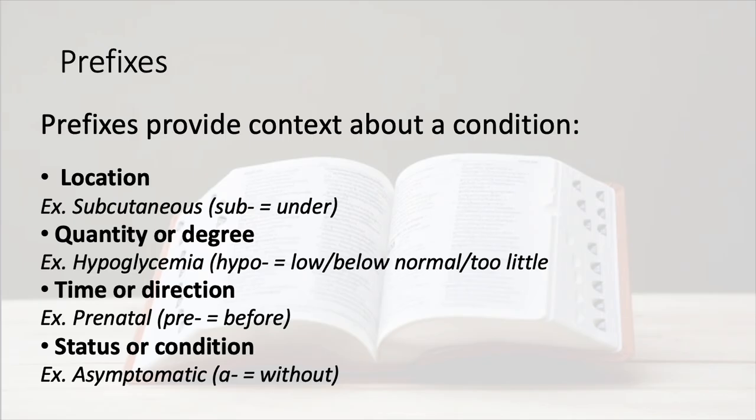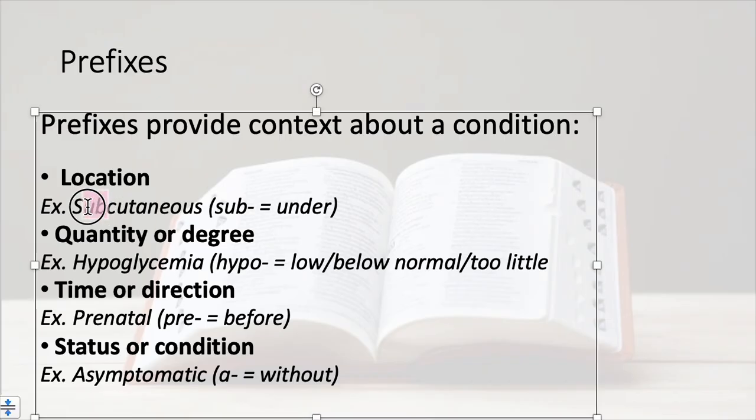So, prefixes provide context about condition, as I said. So, location, quantity or degree, time or direction, status or condition. So, location, example here is subcutaneous, sub meaning under, that's our prefix in this case. Quantity or degree, an example here is hypoglycemia. Hypo means low, below normal, too little.